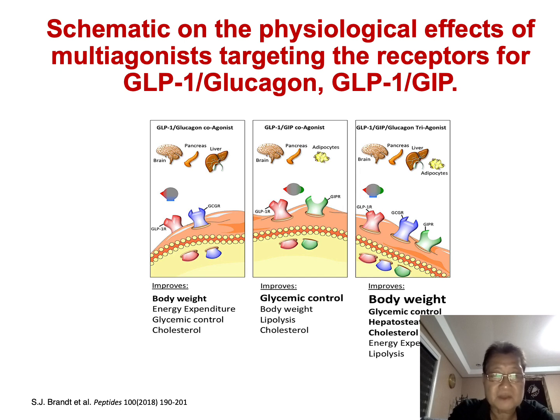We can also see body weight improvement or weight loss, lipolysis, and cholesterol metabolism. For GLP-1, GIP, and glucagon, the triagonist, the impact is more on body weight, glycemic control, and in addition, steatosis that can be a treatment for NAFLD and NASH, and also energy expenditure and lipolysis.